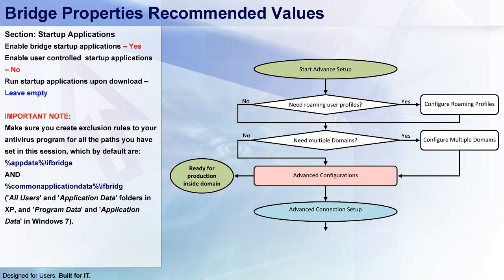The rules should exclude the bridge folders configured in the sections above, which by default are the appdata/ifbridge, and Common Application Data /ifbridge, which, like I've said, correspond to the All Users and Application Data folders in XP, and Program Data and Application Data in Windows 7. And of course, if you have configured different locations, then create the exclusion rules accordingly.